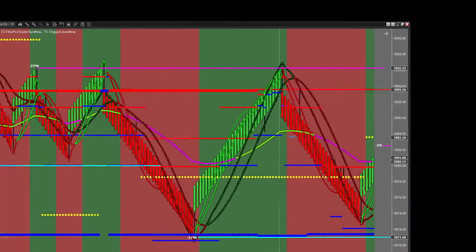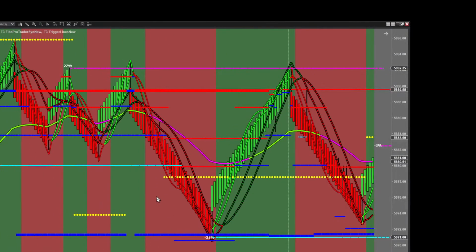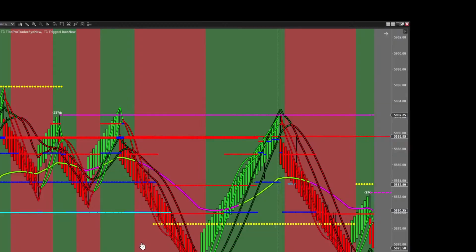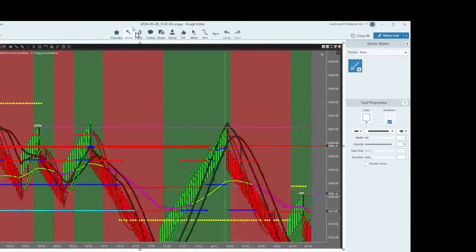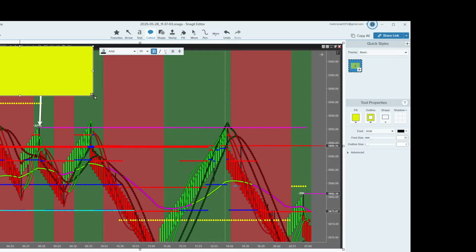And here's a great example. I'm going to leave myself a little room for annotation for you guys. So right here, essentially what happened is the buyers were in control at that exact price.